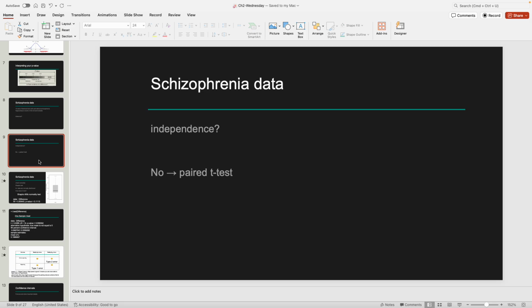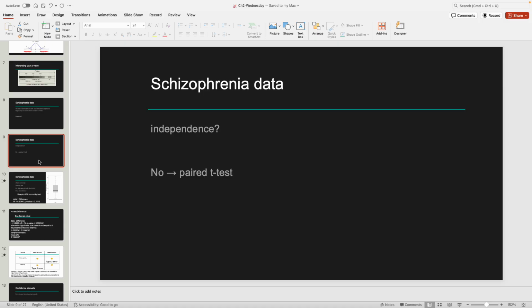So in the schizophrenia data, is group 1 independent of group 2? There's an answer there, no, so I gave it away a little bit, or I should say Dr. Root did. And the reason why is group 1 is the schizophrenic side, group 2 is the non-schizophrenic.